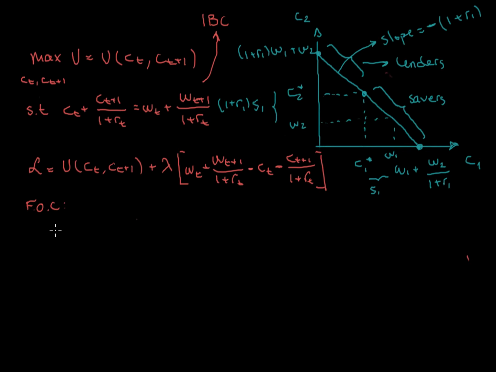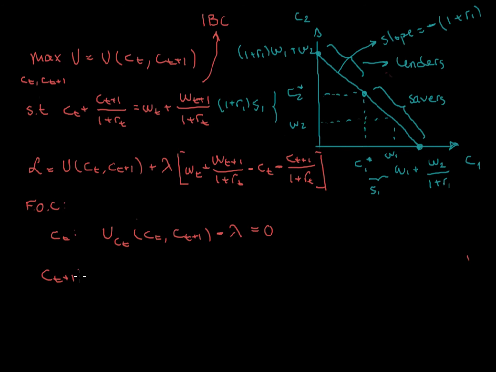to do the partial derivative with respect to c_t, c_{t+1} and lambda. If we do it with respect to c_t, what we obtain is the derivative of the utility function with respect to c_t, minus lambda, equals 0.